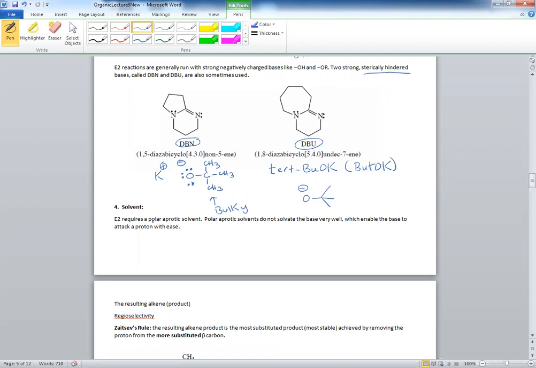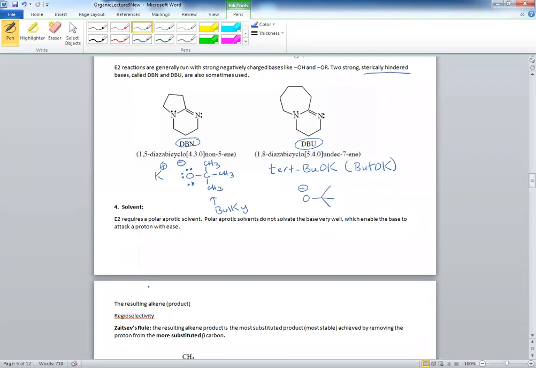The solvent is aprotic, if it's available; there's a caveat here. Polar aprotic solvents are necessary, or they're helpful, because they do not solvate the base very well, which of course enables it to attack the proton. So you can go back to the SN2 reaction, why polar aprotic solvents are useful.